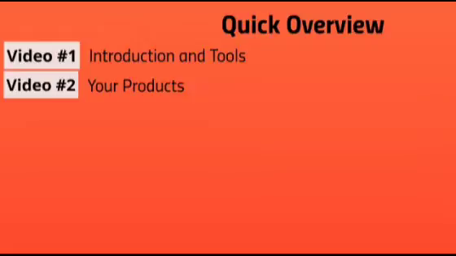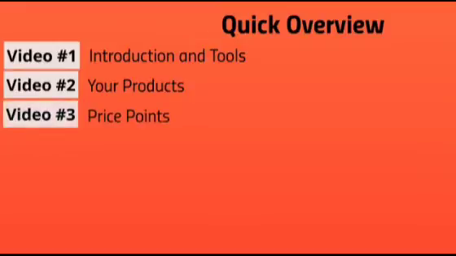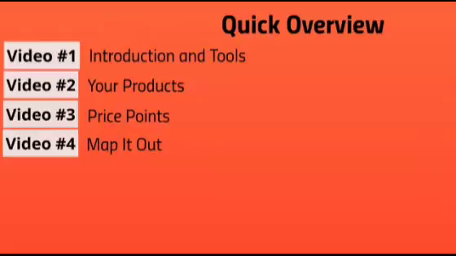So depending on what your product is, depending on what your price point is in video number 3, for example, those items will pretty much show you what you need to do. If you don't know these items and you try to set up your membership script, then everything will sound complex. All right. So video number 4, we're going to show you how to map things out so that you have a step-by-step blueprint or plan, and you know exactly what to do and how to activate your plan.